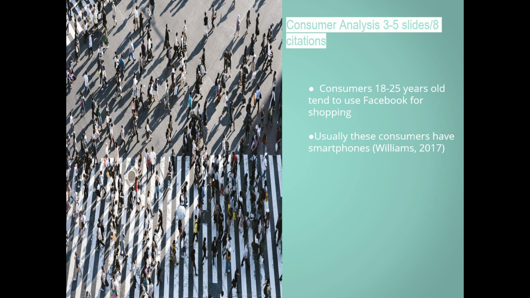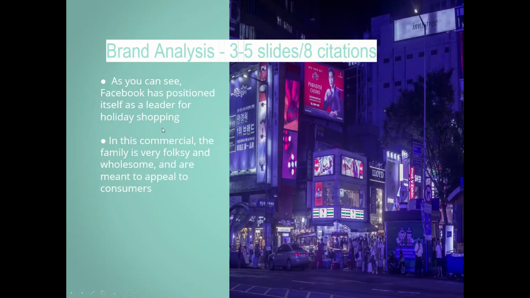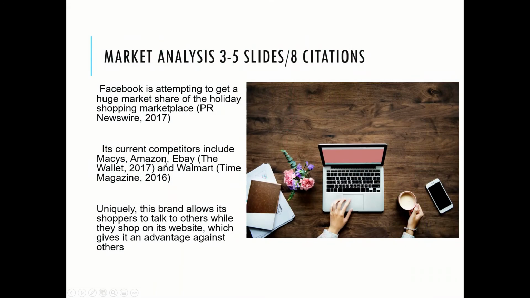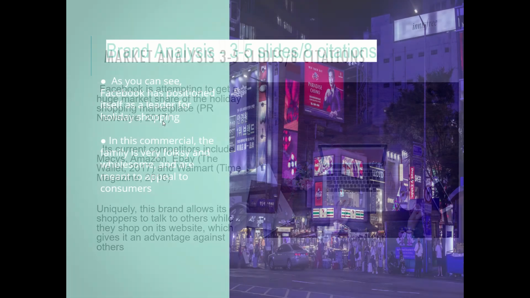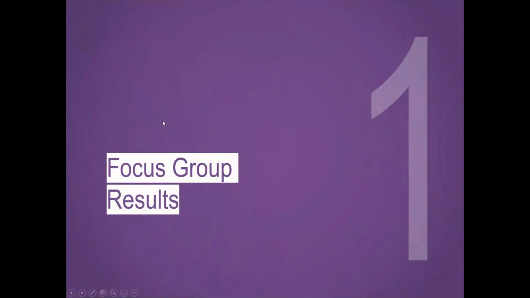You're looking at all of these research firms that put out free or available reports on your companies. And so here you can see consumers 18 to 25 years old tend to do this, tend to do that. Remember, you want to be sure that you have citations here. I am going to be looking for those. Make sure you have in-text citations represented here.